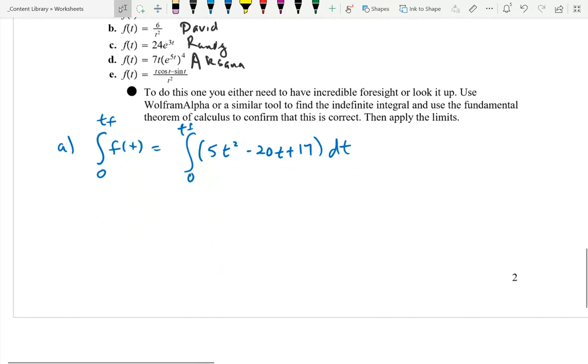Now, some people feel more comfortable separating this into 3 integrals. Frankly, I don't care. Actually, those same people would put the constants outside. If I'm going to do it for those people, I'm going to do that too.